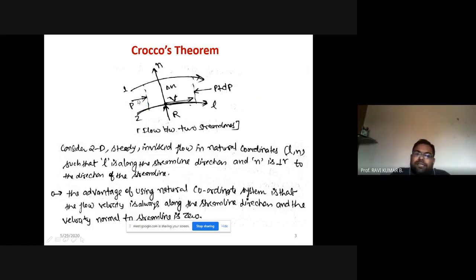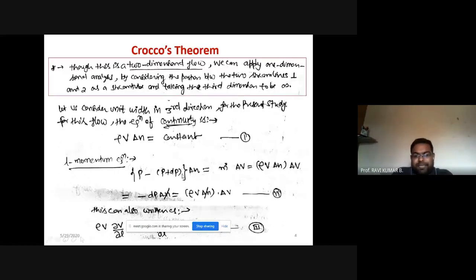Basically we are considering only one force, that is the pressure force. So we will equate this force to the rate of change of momentum. So P minus (P plus dP) times delta n, which is pressure into area, so force, is equal to mass flow rate into change in velocity. Mass flow rate we already know from the continuity equation, so we substitute this value here: rho v delta n into delta v.